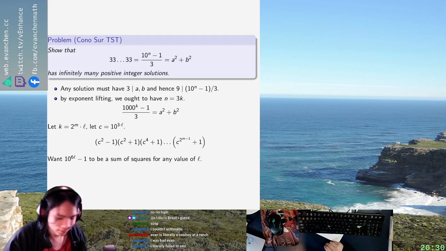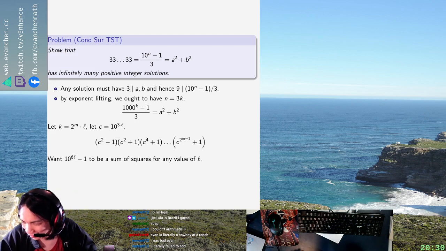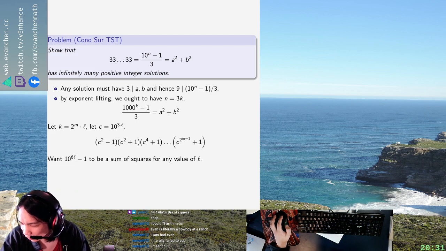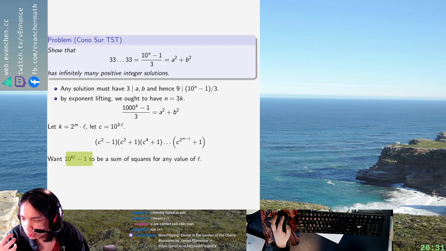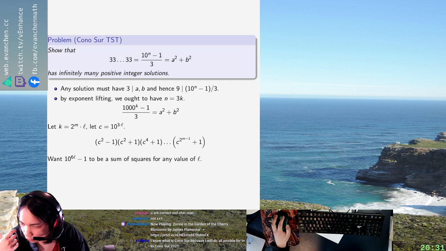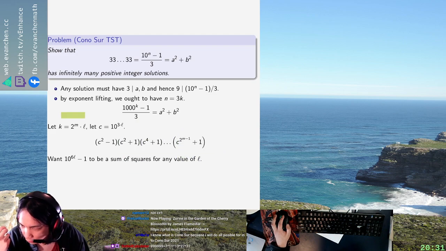Okay. I will move on. As long as I can get a single value of L for which 10 to the 6L minus 1 is a sum of squares, I'm fine. And then the rest of this junk can do whatever it wants, because these are all sums of squares, so things are fine.